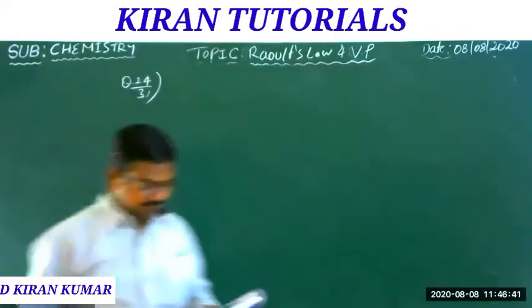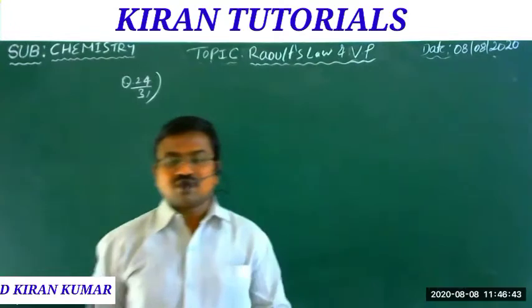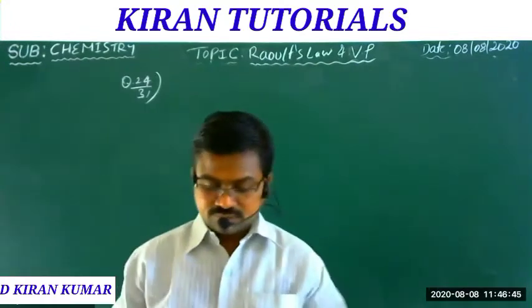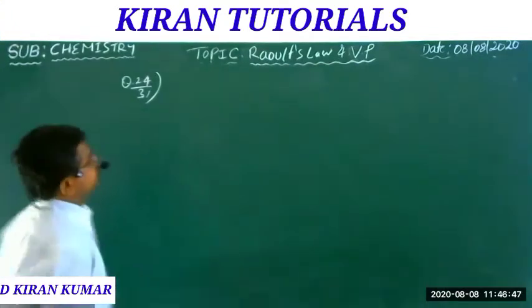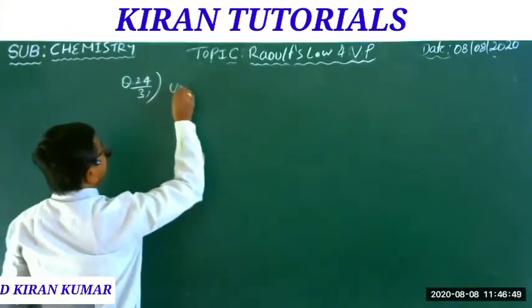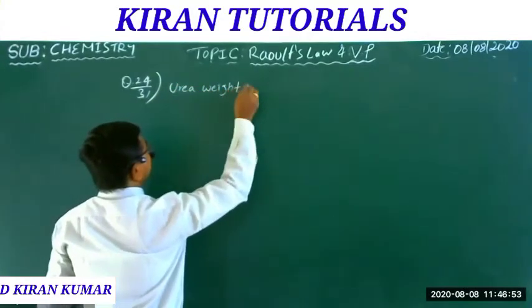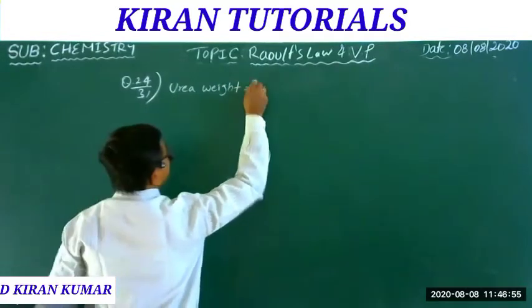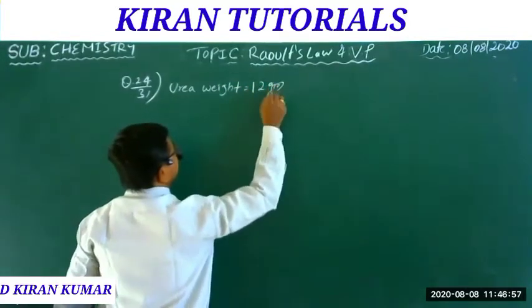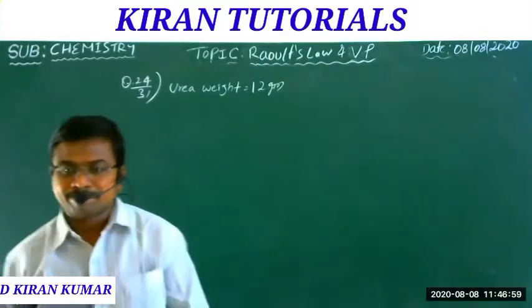See the question. 12 grams of urea. So you can write the data. Urea weight, 12 grams. Okay.